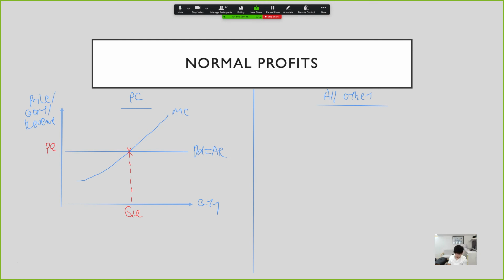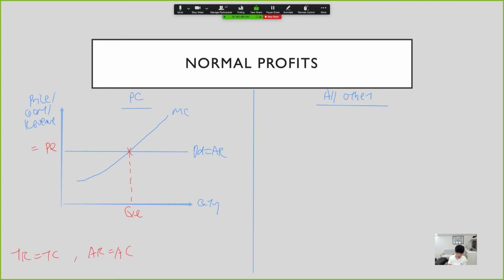Now to draw profits, you need one curve. You have normal profits when your TR is equal to your TC. You have normal profits when your AR is equal to your AC. Now your AR is also your price.